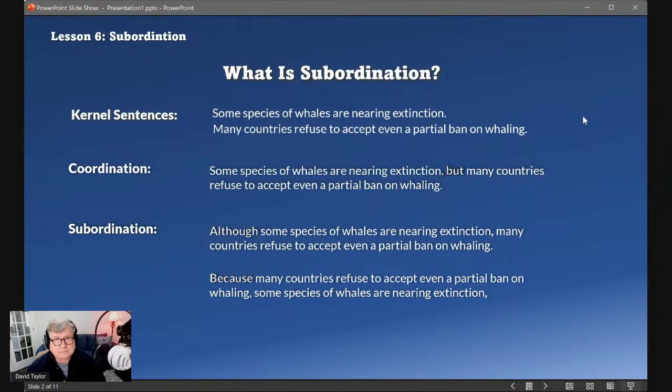Excuse the comma there. So, subordination gives us the ability to emphasize one idea over the other by making it into a subordinate clause, less important, and also allowing us to put it elsewhere in the entire construction.